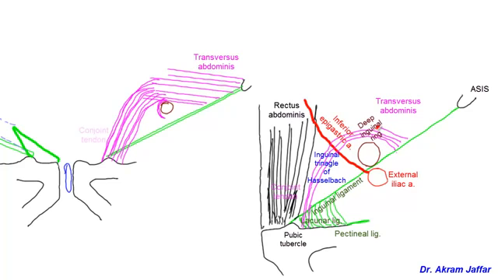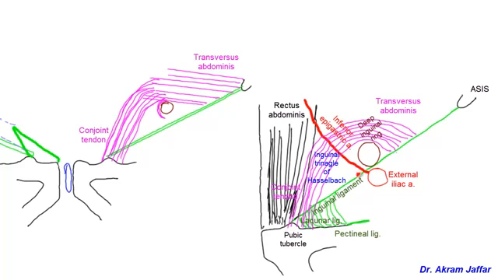This conjoint tendon strengthens the medial part of the inguinal canal. Those arching fibers, while doing so, form part of the floor of the inguinal triangle.